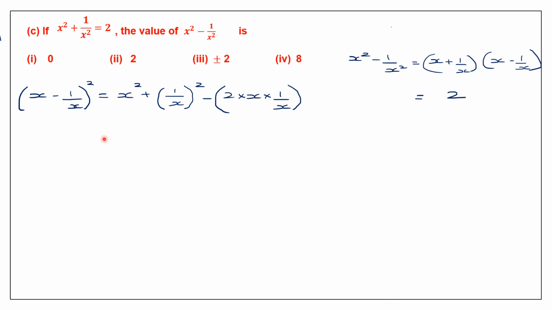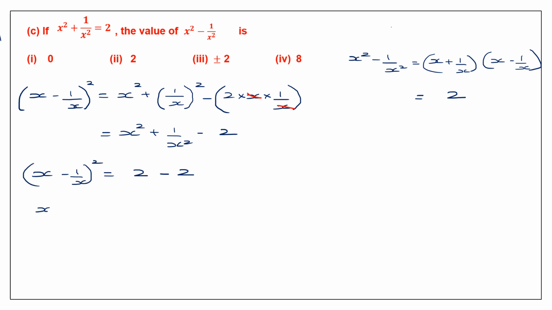Now let's simplify this. So this will become x square as it is plus 1 by x square minus, now here let's cancel this x and we get 2. Now again, x square plus 1 by x square, the value is given to us as 2. So here we write 2 and minus 2. So this is the value of x minus 1 by x, the whole square.